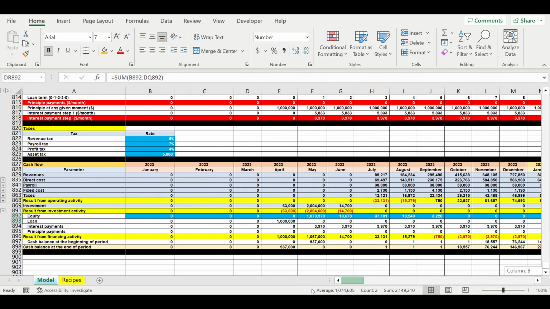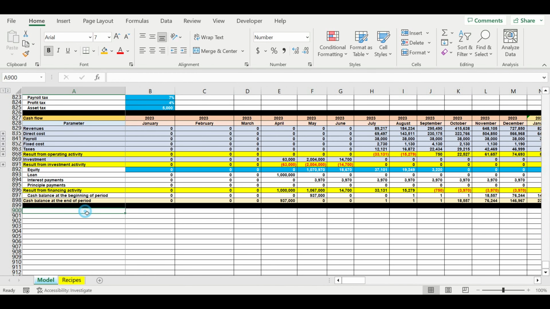We can create a very simple table here, call it financing needed. The first column will be type of financing. This will be amount.